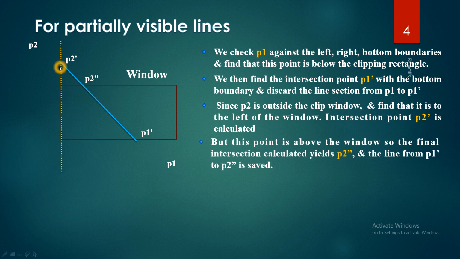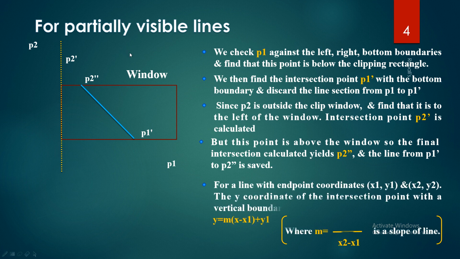But this P2 dash is above the window, so the final intersection point P2 double dash is calculated. And the line from P1 dash to P2 double dash is clipped. The portion of the line that is visible is from P1 dash to P2 double dash.